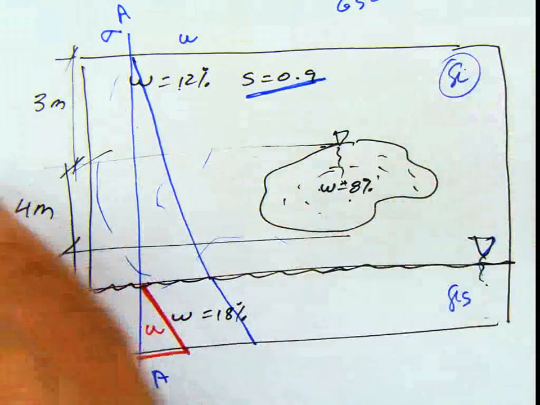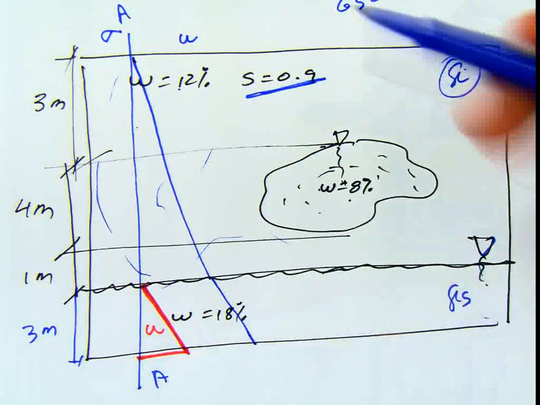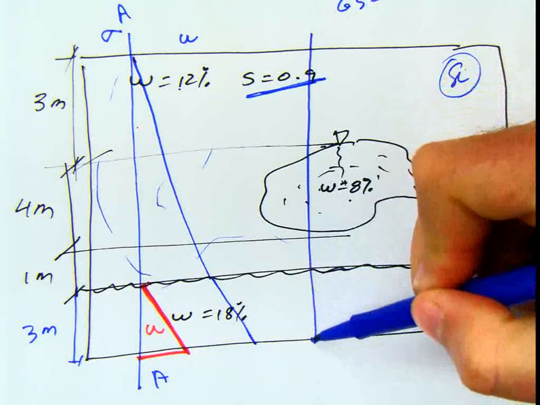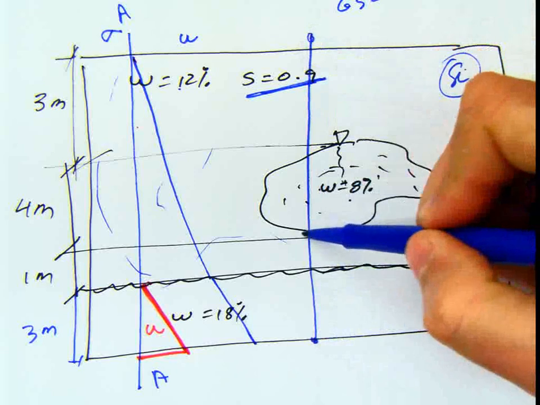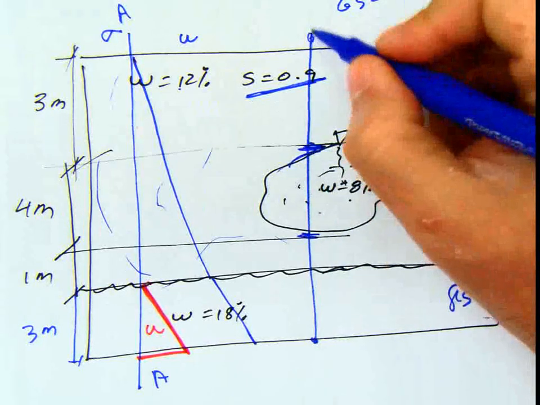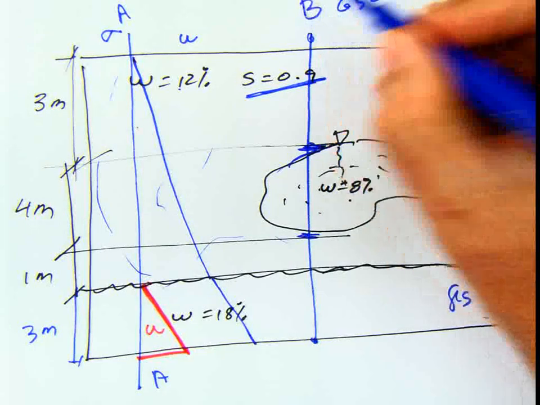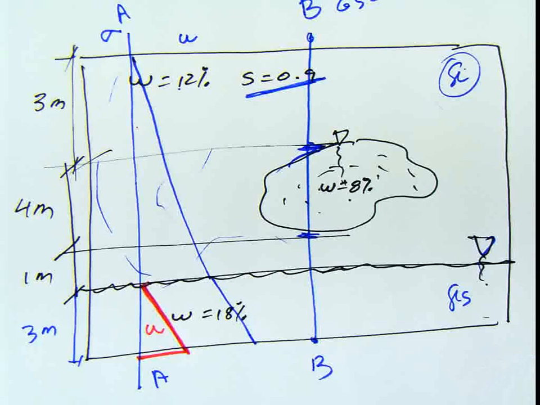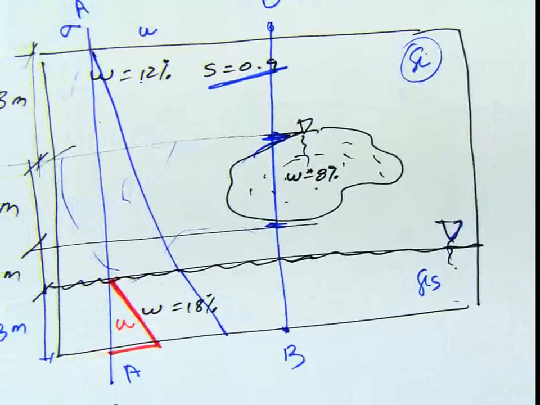Now, the other section is the interesting one. Well, it's not that the other is not interesting, but the thing is that we are cutting this perched water here. And this is the section that we call BB. At this section, let me zoom this a little bit.